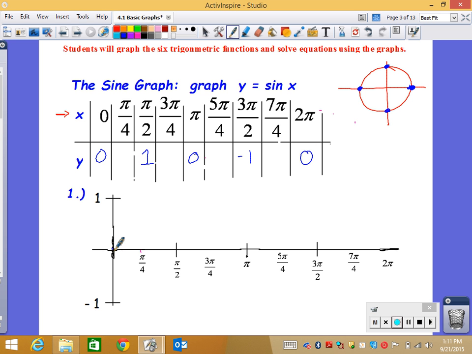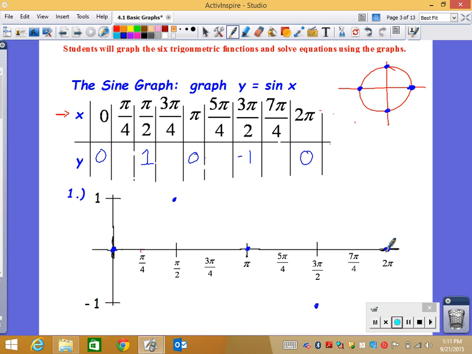At x equals 0, my y value is 0. At pi over 2, y is 1. At pi, we're at 0. At 3 pi over 2, my y value is negative 1. And then at 2 pi, I'm back at 0 again.